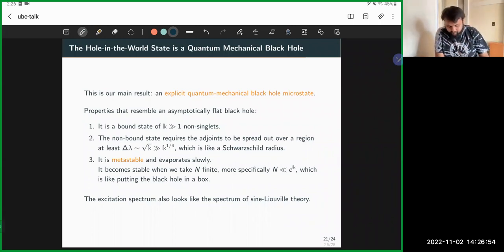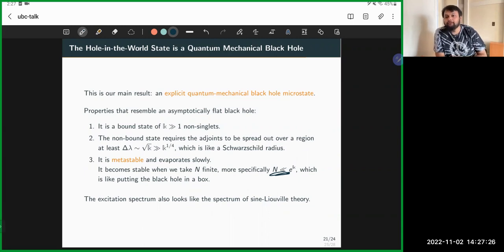Of course, it is metastable and evaporates slowly, which is the asymptotically flat part, as Panos emphasized earlier. Interestingly, if you take n much less than e to the k, which is of course not nice from the string theory side, but something you can do on the black hole side, it's a bit like putting the black hole in a box. Okay, and when you put the black hole in the box, it becomes stable. It's just like an AdS black hole.